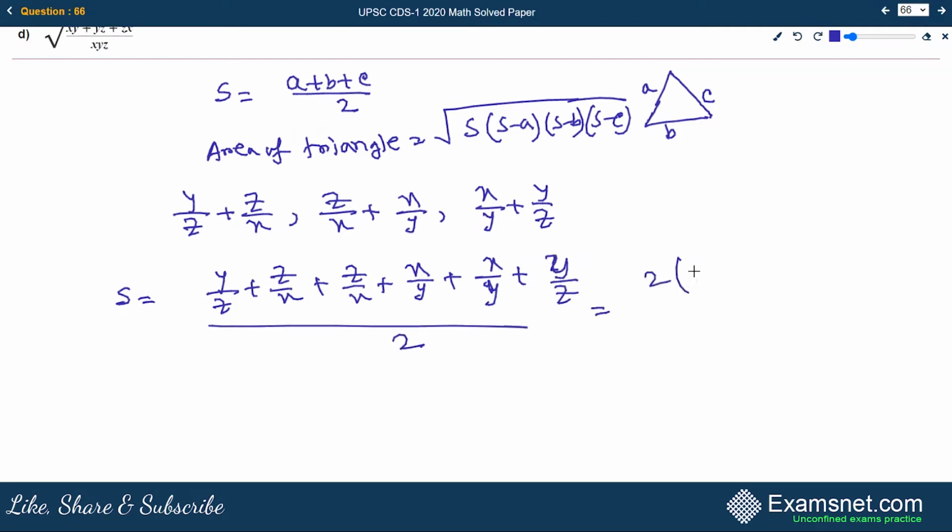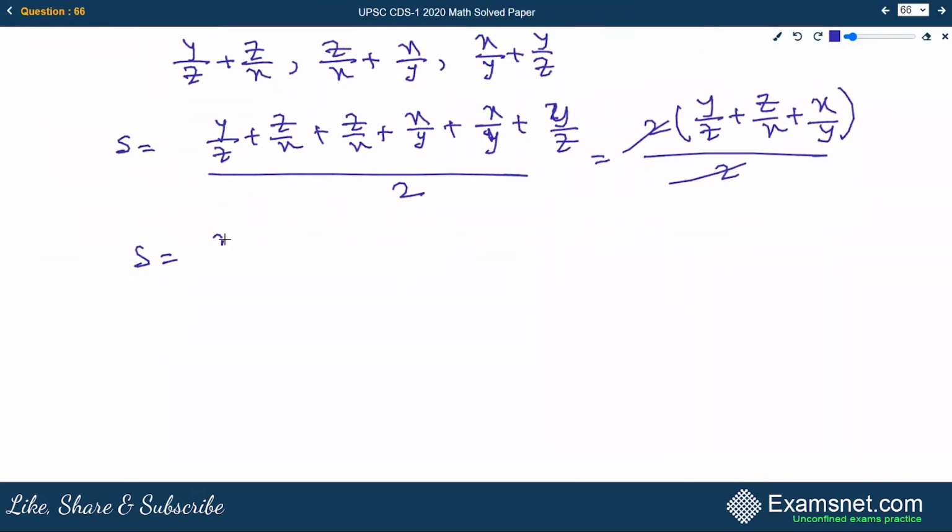So it becomes twice of y by z plus z by x plus x by y, by 2. So the value of semi perimeter is y by z plus z by x plus x by y.